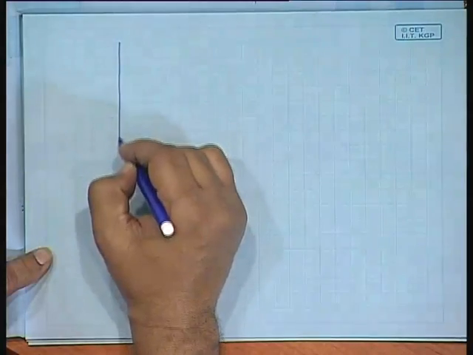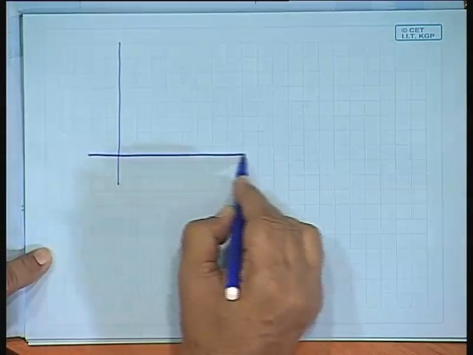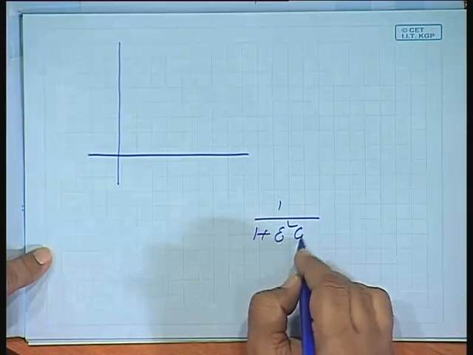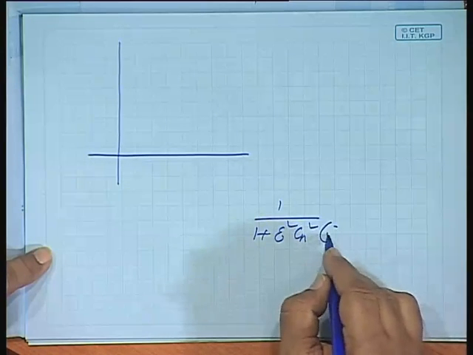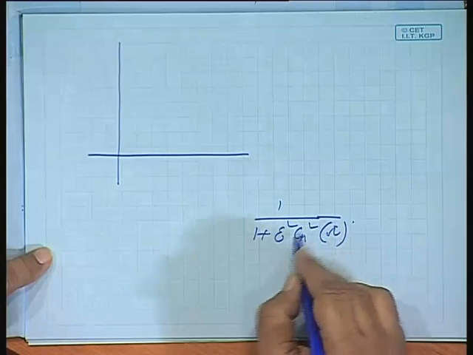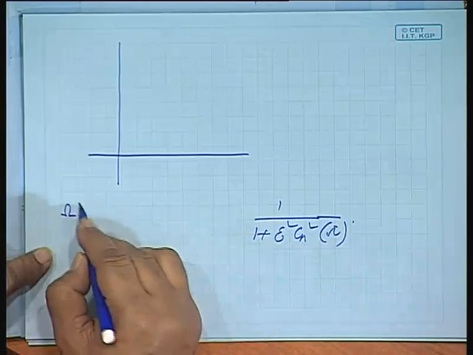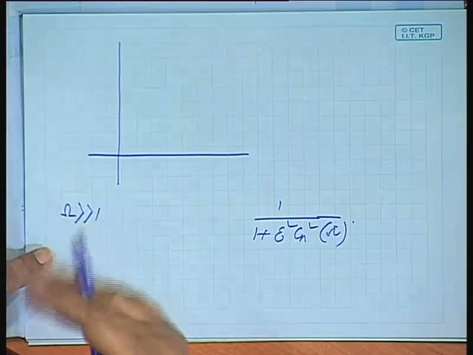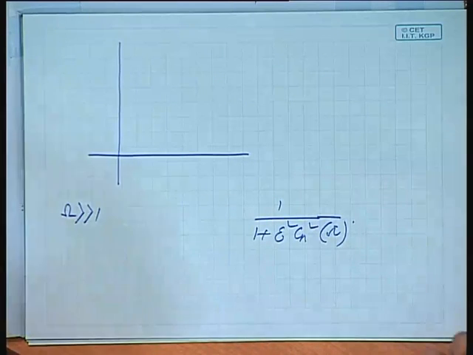In the case of a Chebyshev filter, we have 1 by 1 plus epsilon square Cn square omega. So when omega is much greater than 1, if you have seen those Chebyshev curves, after omega equal to 1 the function Cn will blow up.